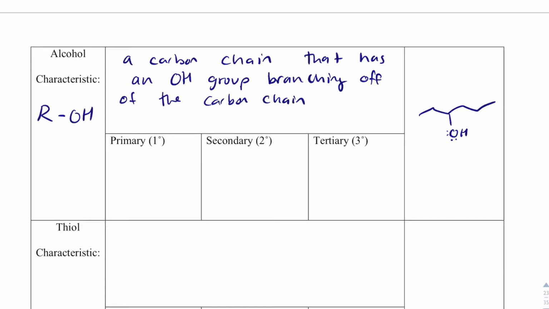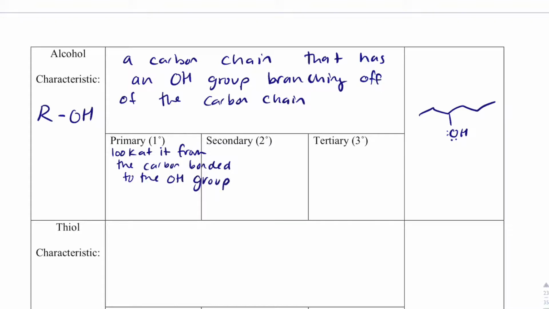Now, there's different levels of alcohols. Oxygen always forms 2 bonds here if we're going to have an alcohol group. So a primary alcohol is going to be, we're going to look from the perspective of the carbon bonded to the OH group.